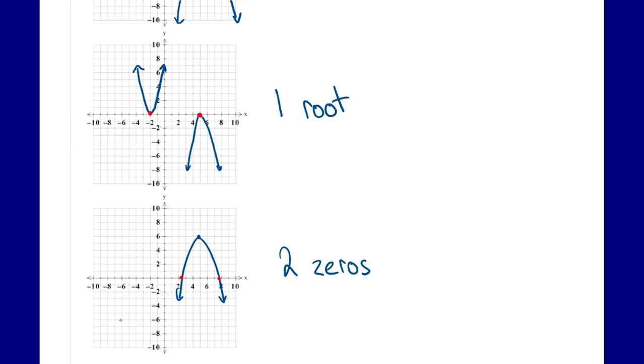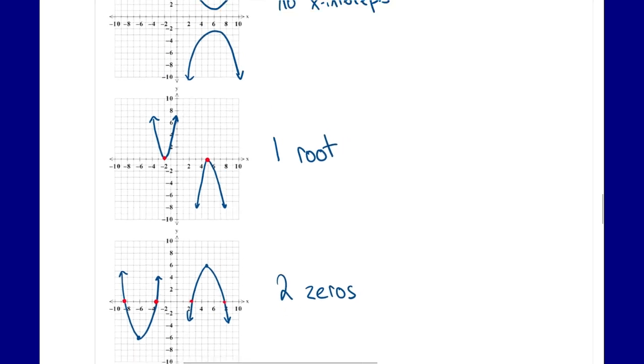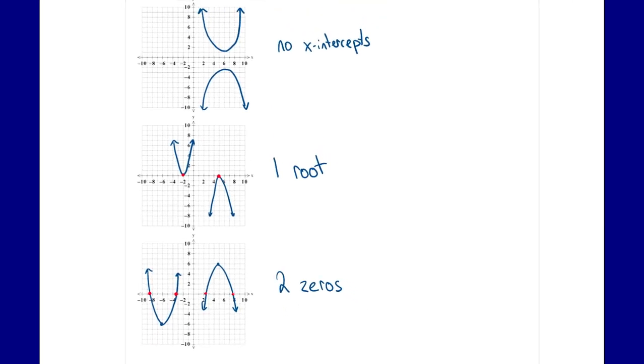Or we could think vertex is below and it opens up. So again, it still touches twice. So those are just visually the different scenarios that we could have with a parabola and with our x-intercepts. So we could have 0 x-intercepts, we could have 1 x-intercept, or we could have 2 x-intercepts. Again, these are just the different scenarios visually so we can have an idea of what they would look like.